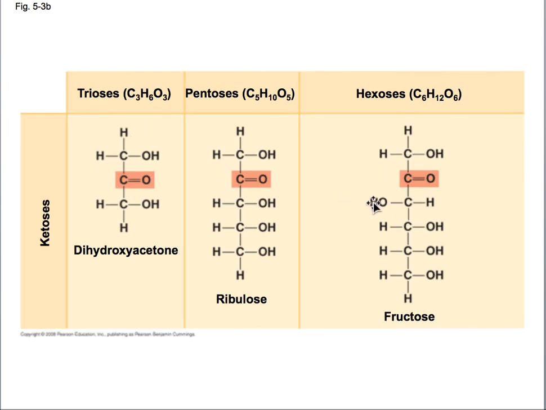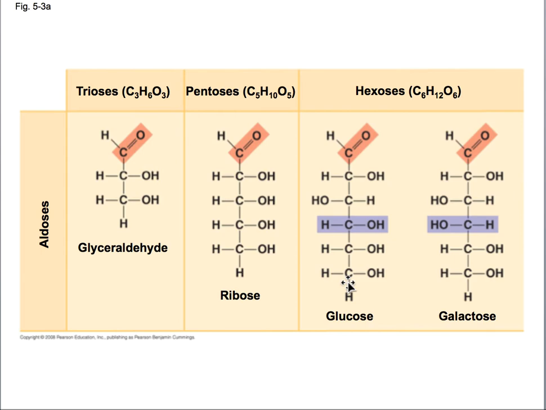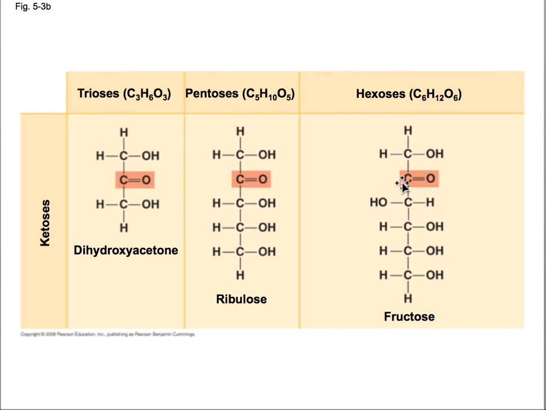And here's fructose. Let's look up here. So now we have C6H12O6, but it's a different structure than glucose. I mean, same formula as glucose, but look where glucose has this functional group and this functional group versus fructose, which only has it right here and up top.